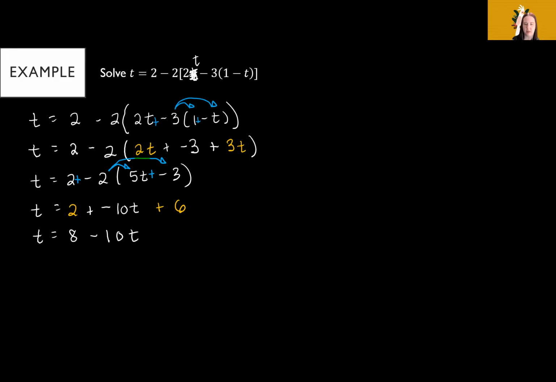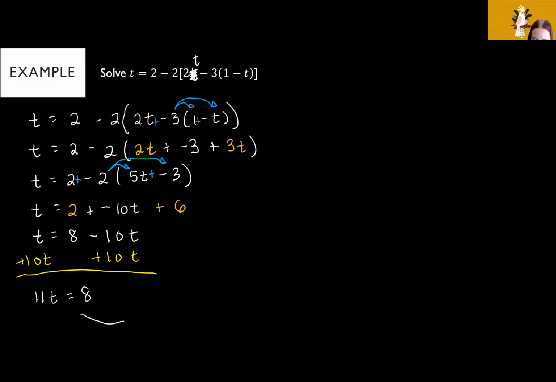So I'm going to move the t's to the left. So I'm going to add 10t to both sides. And so that gives me 11t equals 8.